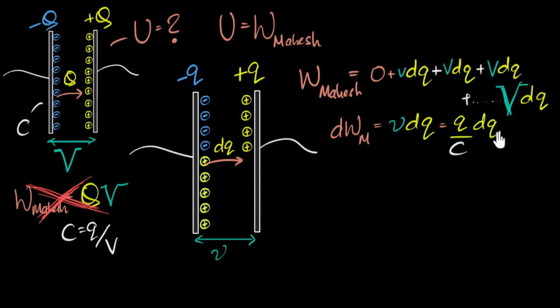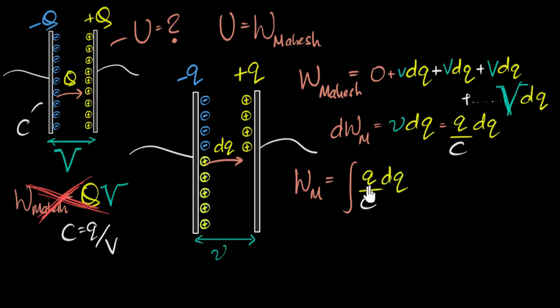This is the tiny amount of work I did in transferring a small amount of charge dq. Now to calculate the total work done, I integrate this expression. The total work done is going to be the integral of q by c dq. So basically I'm writing the same thing, but in proper integral notation.